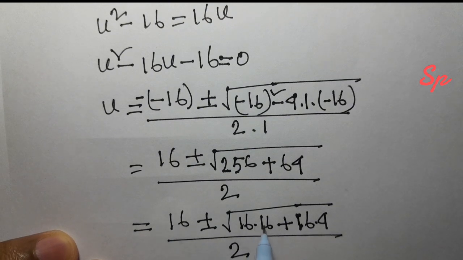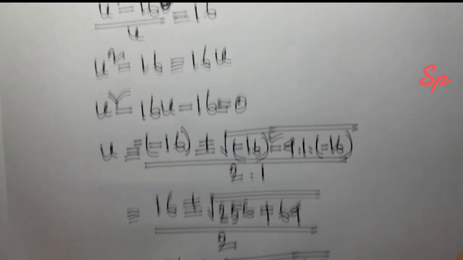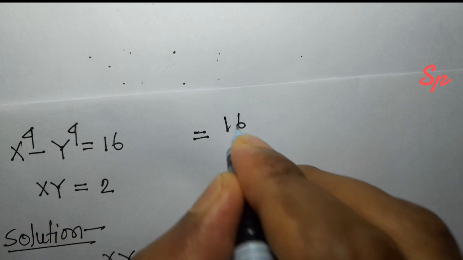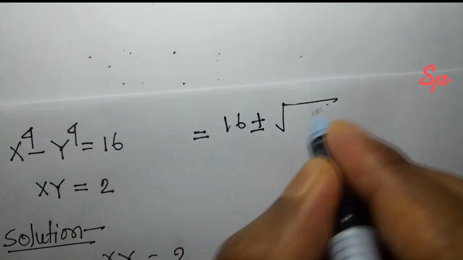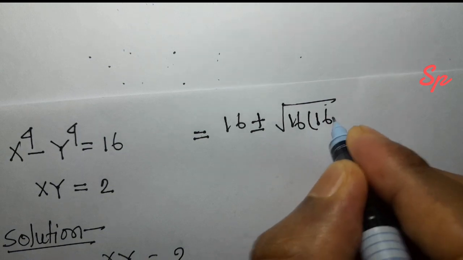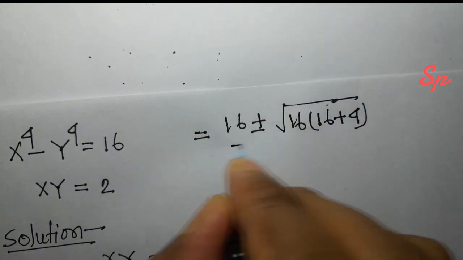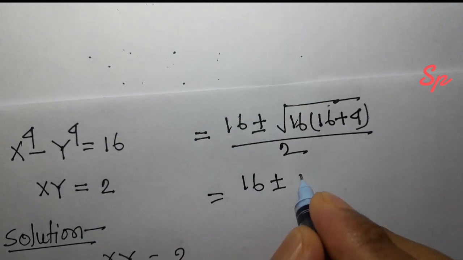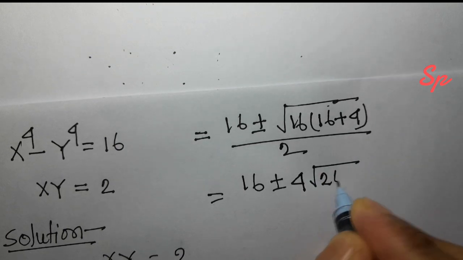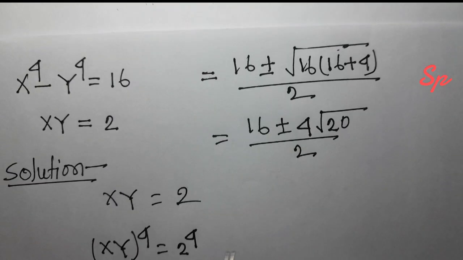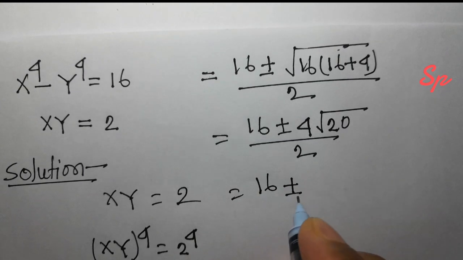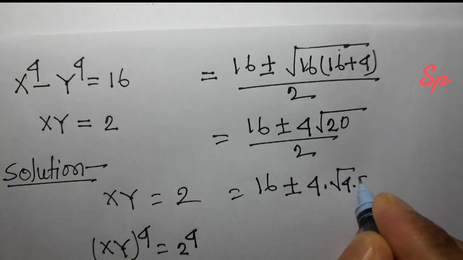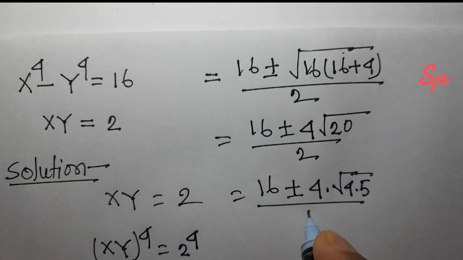Here 16 is common, so 16 plus minus root over 16 into 16 plus 4 by 2 is equal to 16 plus minus 4 root 20 by 2. Then we can write 16 plus minus 4 into root 4 into 5 by 2.